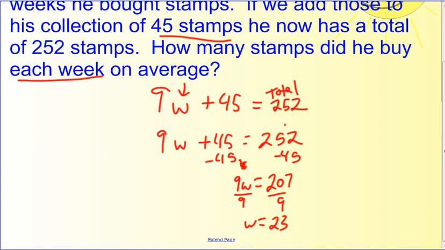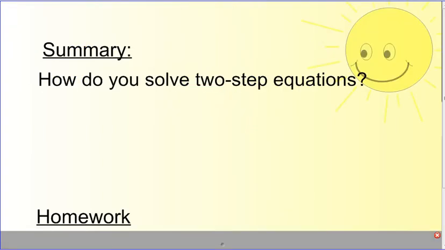Alright, so the last thing to do is answer the summary in the summary box. So how do you solve two-step equations? Take a couple of seconds, write it down. You should probably say something like, first thing you do is you get rid of adds and subtracts, then multiplies and divides. Actually, we should combine like terms first.